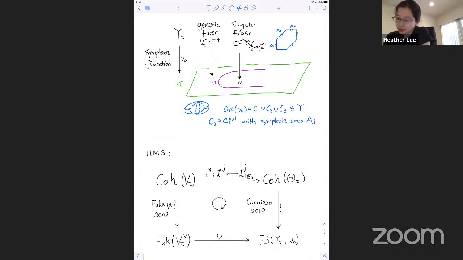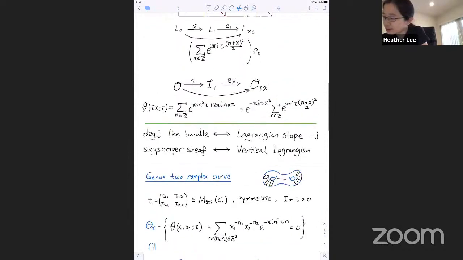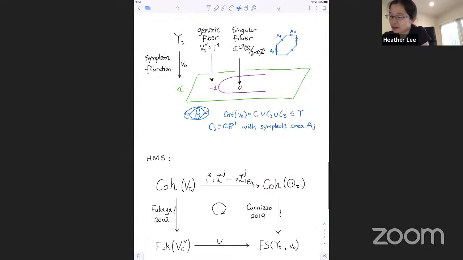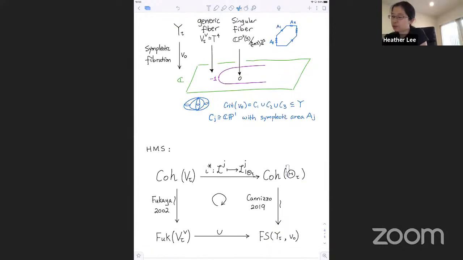And also, if you take a Lagrangian that's an analog of this slope -1 Lagrangian L1, and then parallel transport it around the U to get the Lagrangian in here, then that corresponds to a degree 1 line bundle in here.